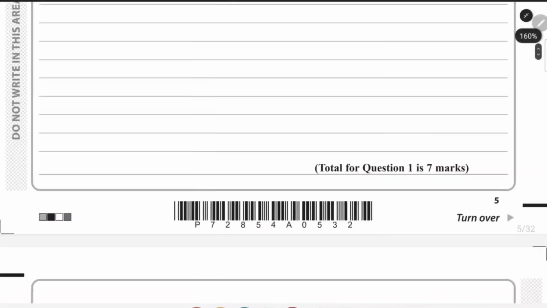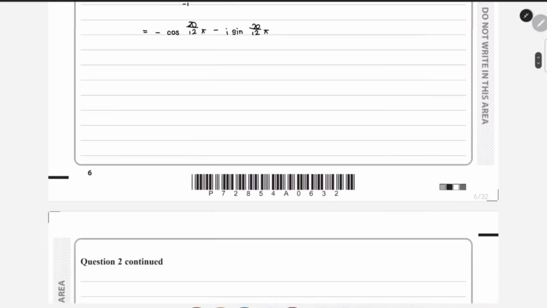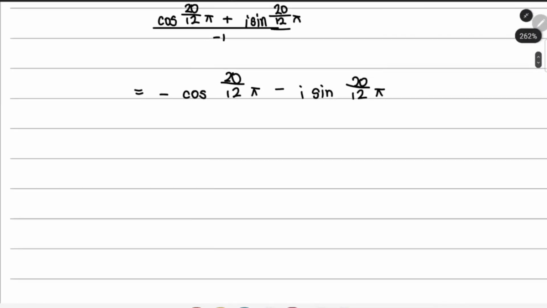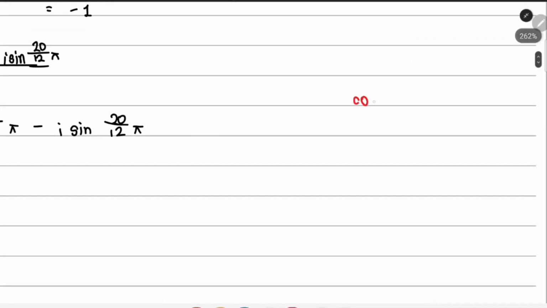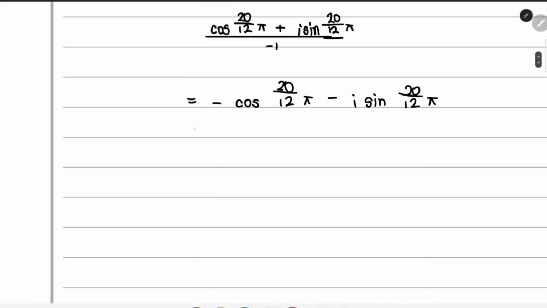Now I want to convert this into cos 2 pi by 3. So if I notice over here, we have this rule: cos theta minus pi is the same as minus cos theta. So this can be written as cos 20 by 12 pi minus pi.